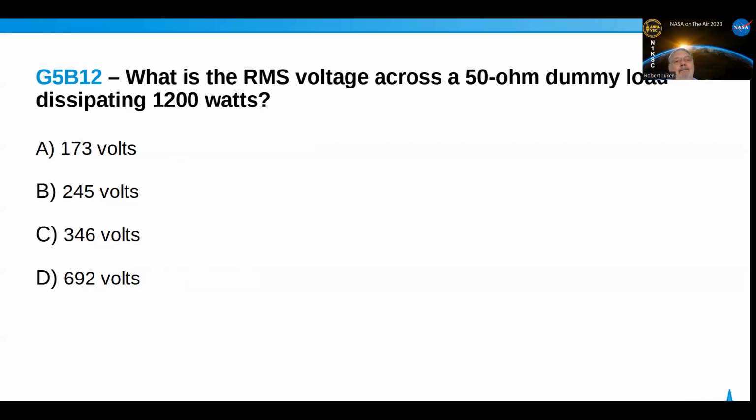So we know that power is equal to the voltage squared divided by the resistance. We know the power and we know the resistance, but we don't know the voltage.